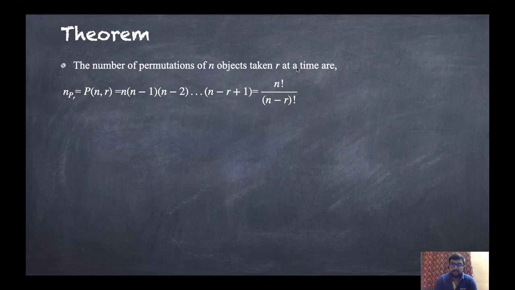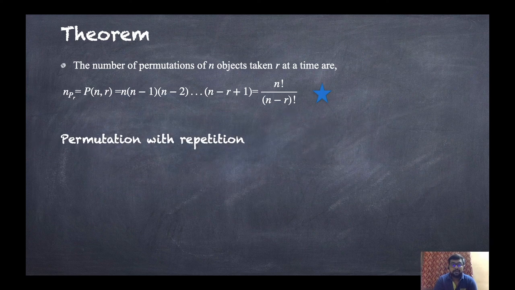That is n factorial upon n minus r factorial. So we just simply remember this: nPr equals n factorial upon n minus r factorial. That means permutations of n objects taken r at a time. Permutation means arranging. This is very important. We will use it in each and every example.